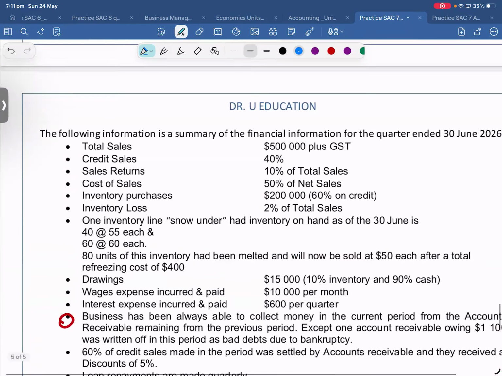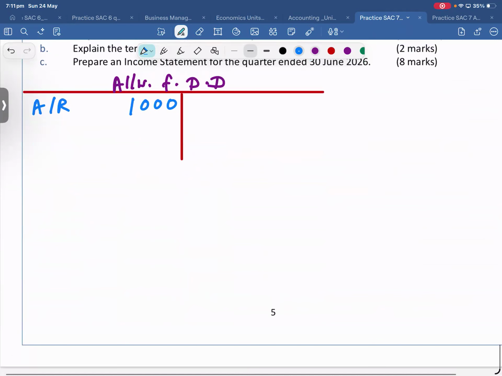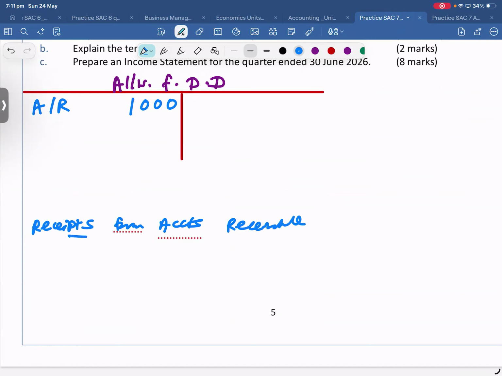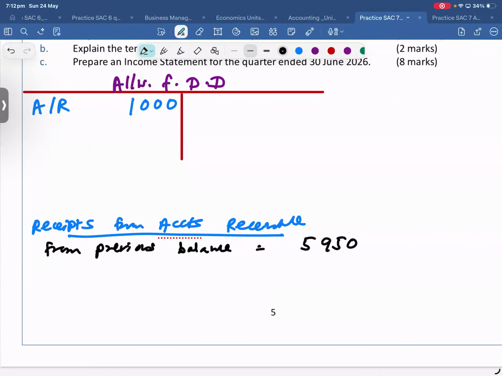Okay, so now I'm going to calculate the receipts from accounts receivable. Firstly, guys, I'm getting from the previous period's balance 5,950.